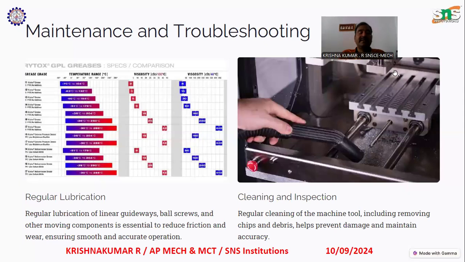Maintenance and troubleshooting. Regular lubrication. Regular lubrication of linear guideways, ball screws, and other moving components is essential to reduce friction and wear, ensuring smooth and accurate operation.